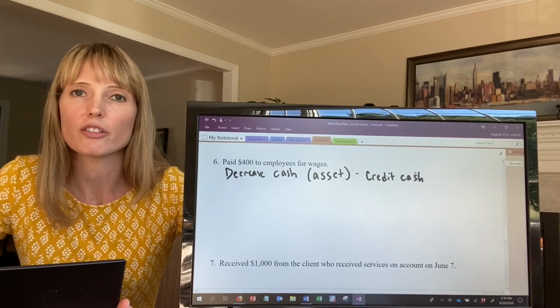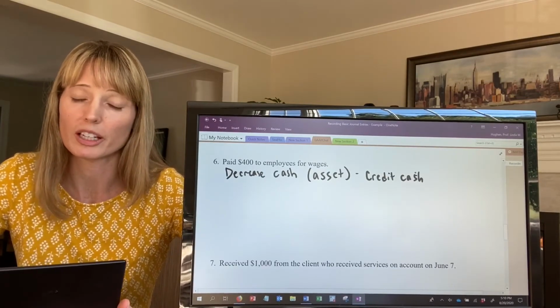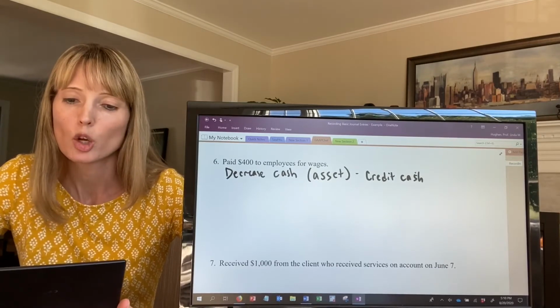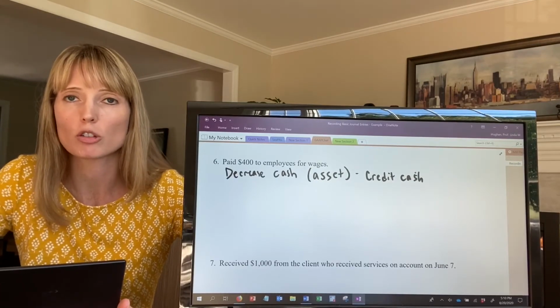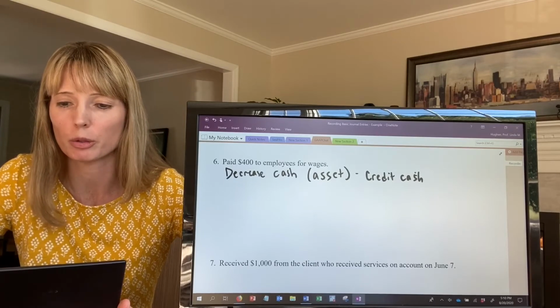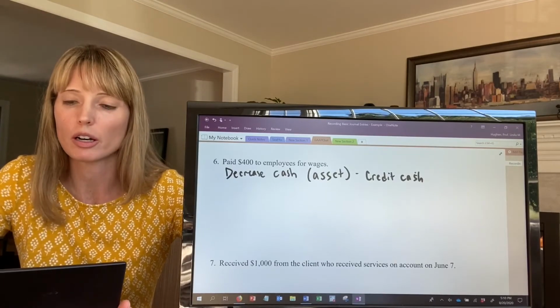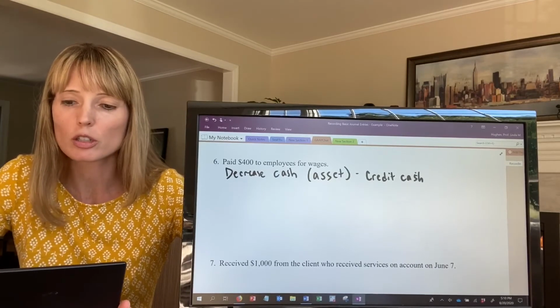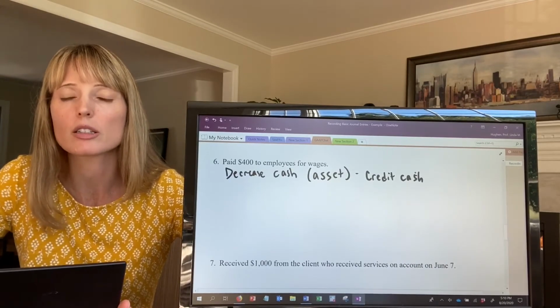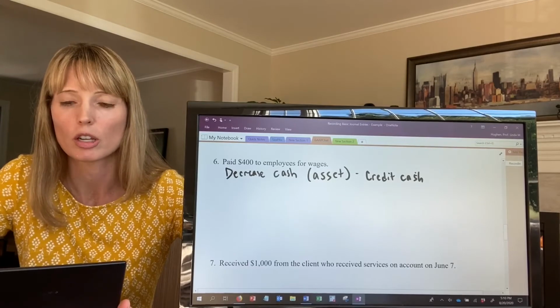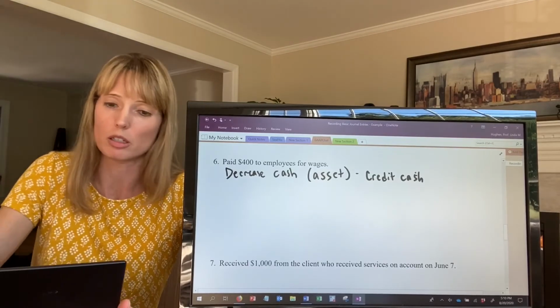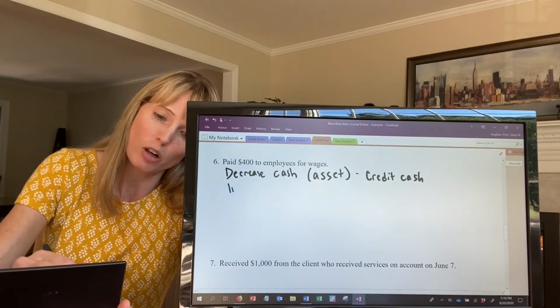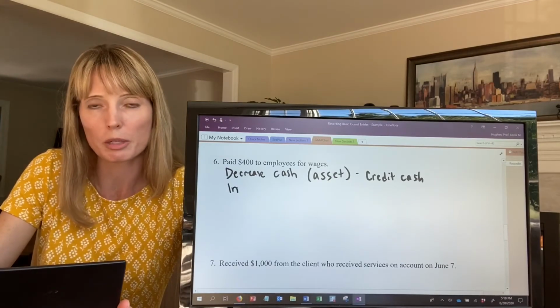Now, the other side of this transaction is implicit. We paid employees for their wages. So we have to think about that. Why were we giving our employees wages? Because they worked for us. They provided services for us as the company. So that is a cost that the company incurs in order to run the business. What do we call a cost incurred in order to run a business?